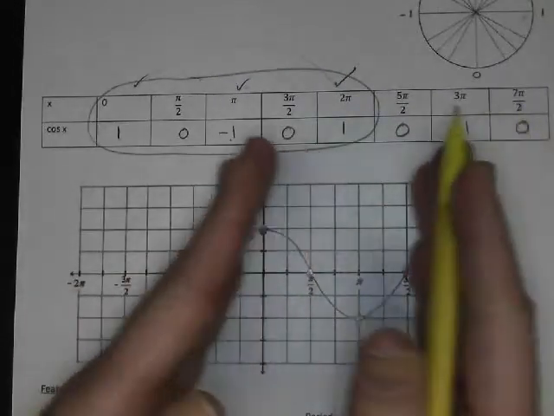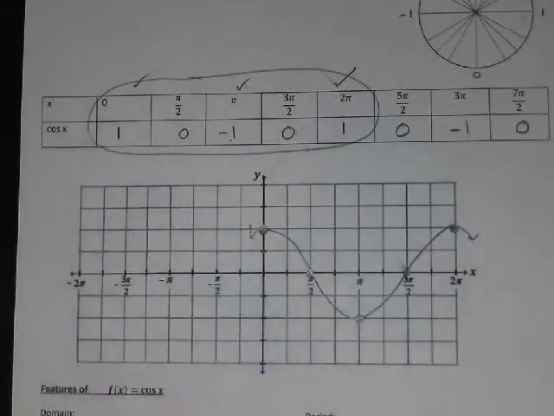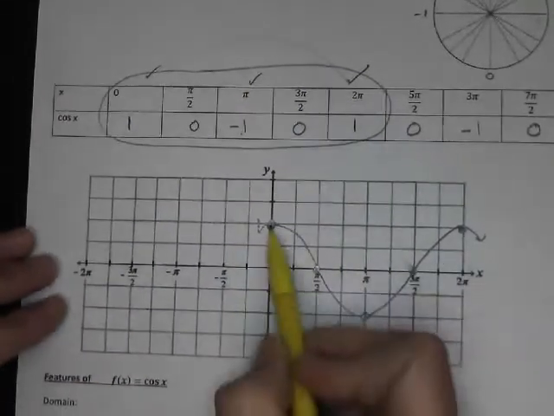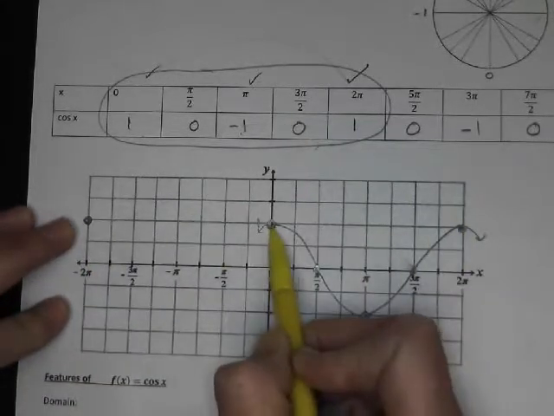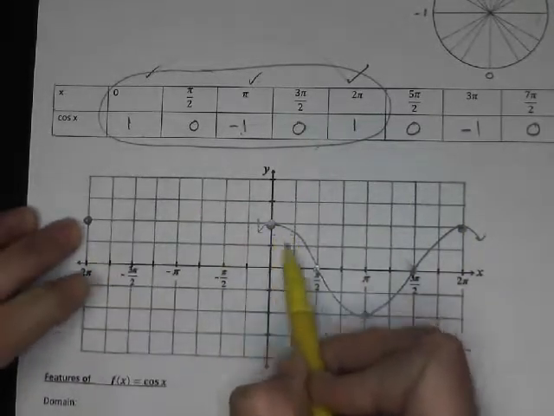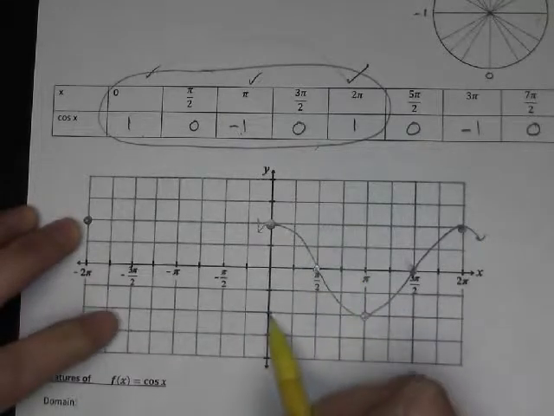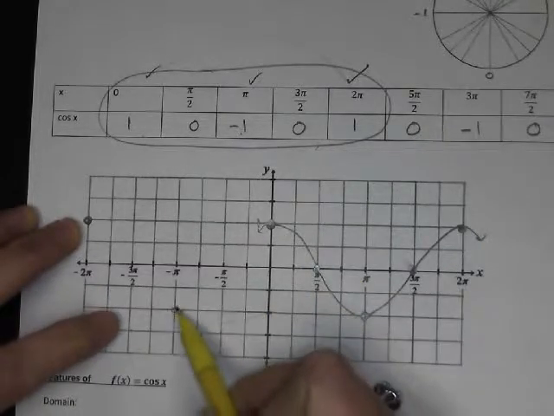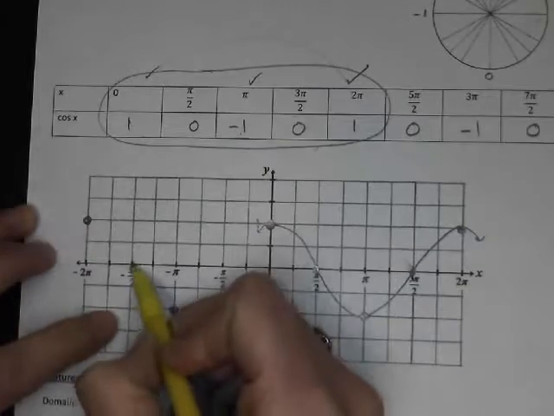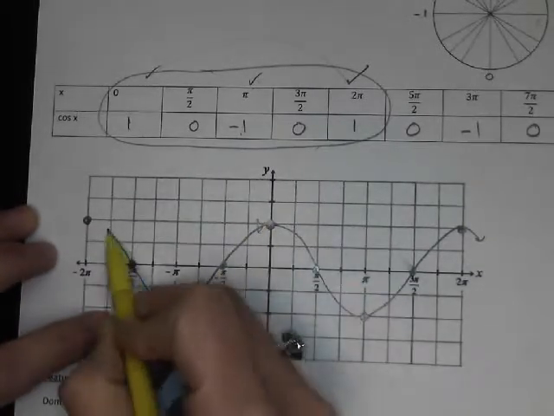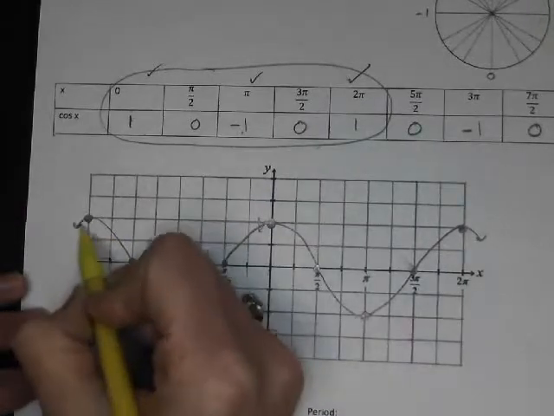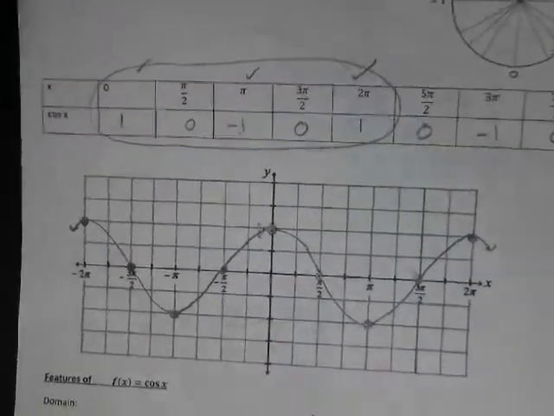So we can now shift this over 2 pi units and get another cycle. So this point gets shifted 2 pi over. The end point gets shifted 2 pi over. So we've got the start and the end. This gets shifted 1 pi over and then 2 pi over, puts us at our minimum, and then we have zeros here and here as well. So we just see another cycle of it.